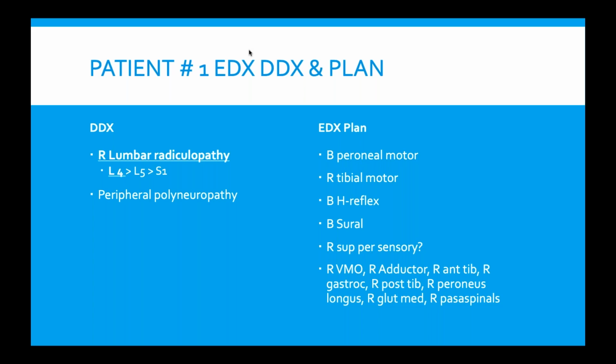The right superficial peroneal sensory, even though that may be indicated for his symptoms, is not really a great test to do in this particular patient, because there is evidence that the superficial peroneal sensory nerve is often absent in asymptomatic patients over 60 years old. So it would probably be abnormal, so it may not be advantageous to check it, but we'll see what the results are showing.